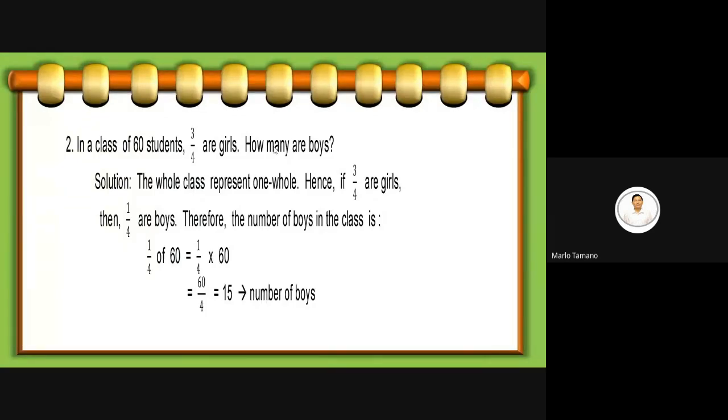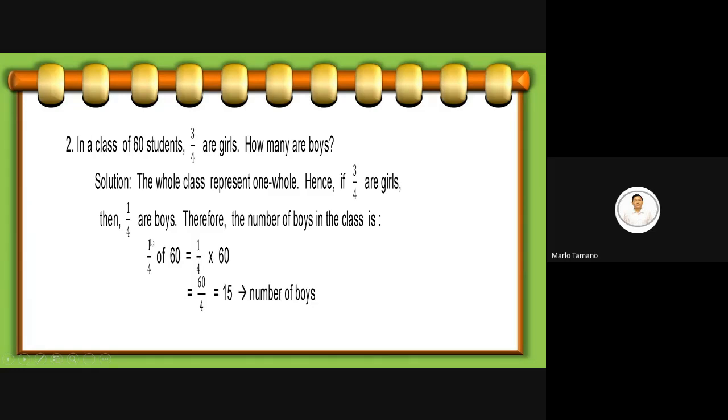Ngayon, isa pang paraan. Ilan kaya yung 1/4 na yon? How many are boys? Hindi pa tayo nagsosolve. Isip-isip muna. Yung 1/4 na nakuha natin, i-multiply natin sa 60. So, 1/4 of 60. Kapag sinabi natin of, multiply po yan.